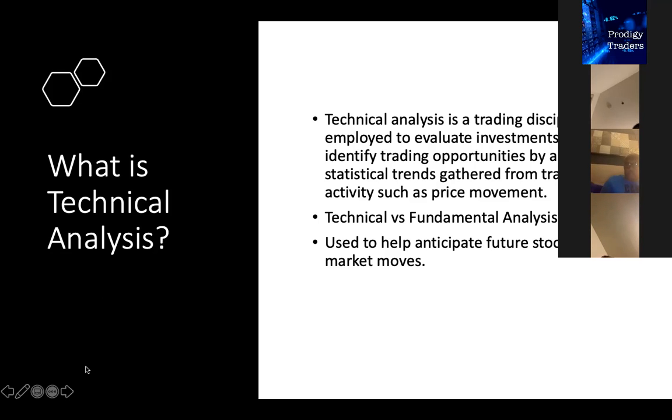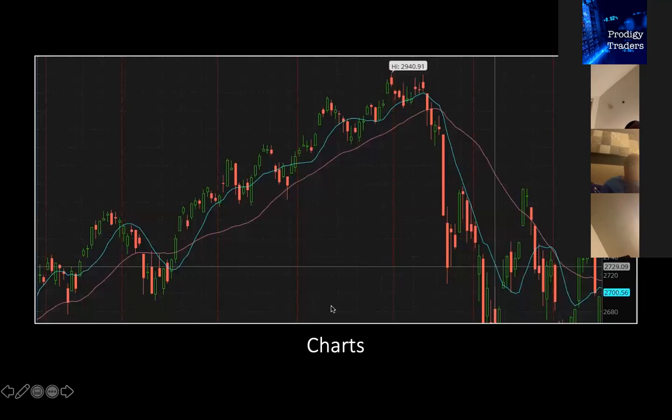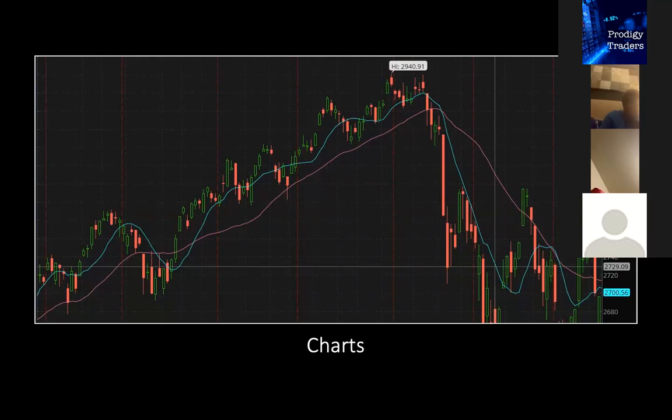So technical analysis, like I said, means we're studying charts. I don't know which company this is, but I just wanted to give you a visual of what a chart looks like. I know it looks like Chinese at the moment, and I'm gonna break it down, but as you can see, price is going up and down.